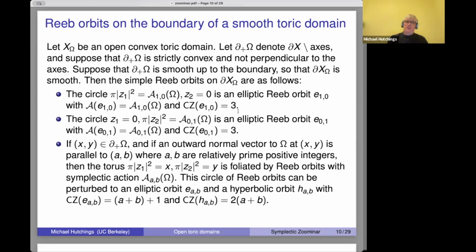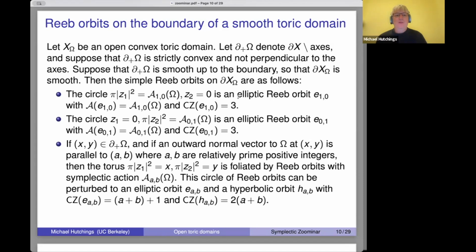Its Conley-Zehnder index, actually, I lied a little bit. Sorry, the Conley-Zehnder index is 3, assuming that the boundary curve is not perpendicular, but almost perpendicular. Wait, no, I'm not lying. I'm sorry. That's totally fine. I was worried about the multiple covers of it. Sorry, it's very early in the morning.